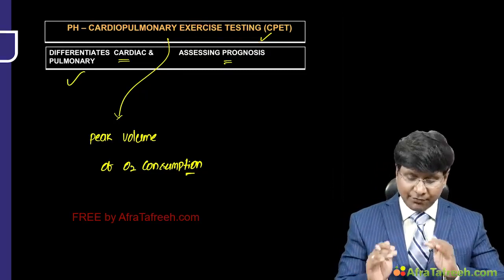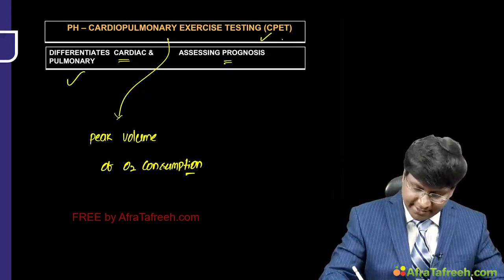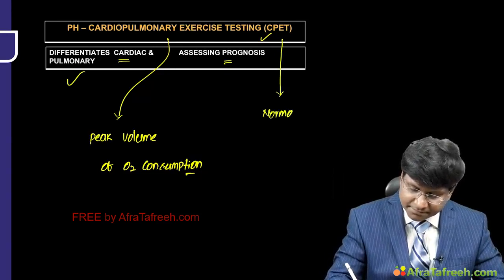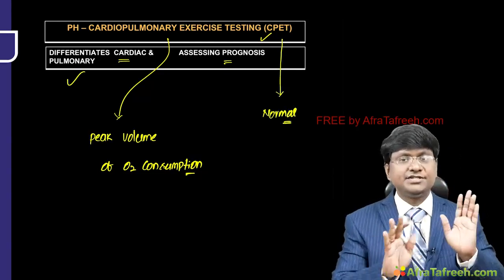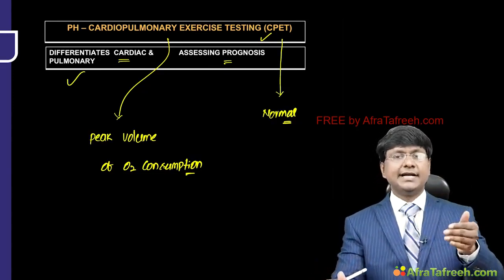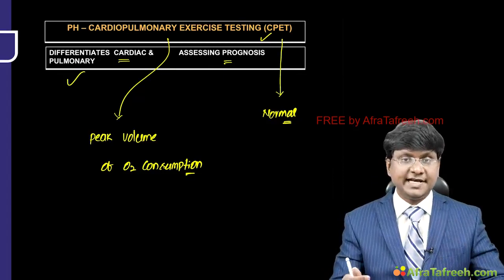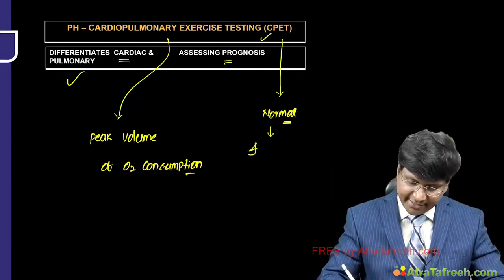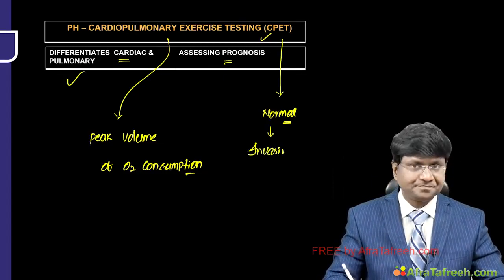And suppose if the cardiopulmonary exercise testing is normal, that means the patient is having dyspnea, but we are not able to differentiate whether it is cardiac or pulmonary based on cardiopulmonary exercise testing, then these patients require invasive approach.